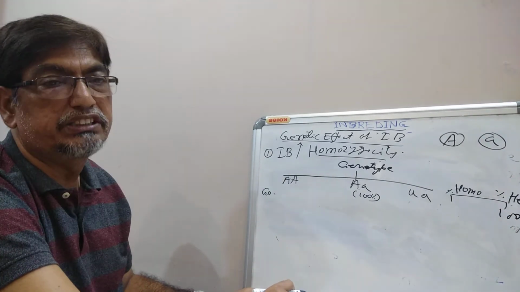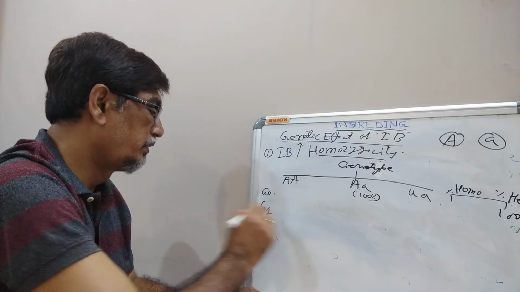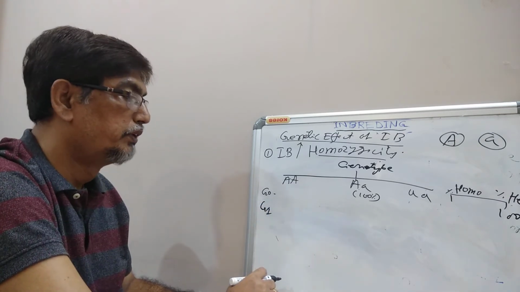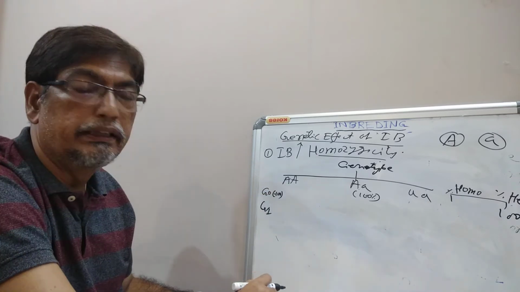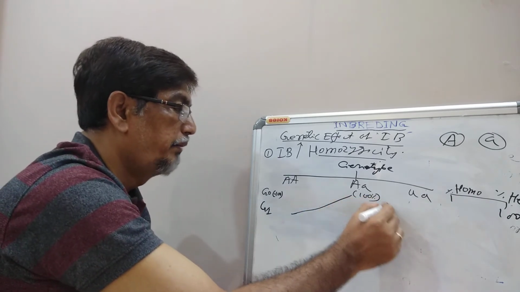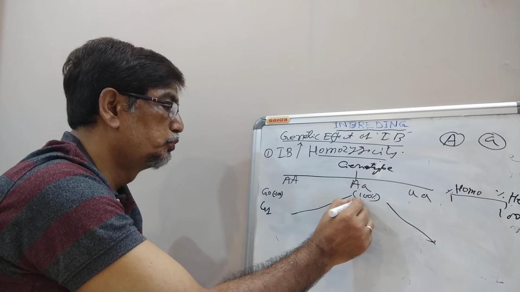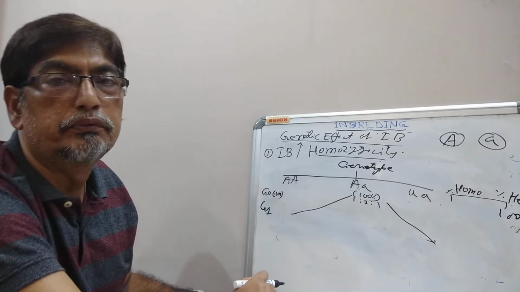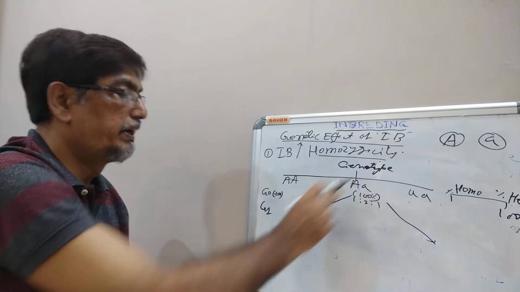So after one generation of self-fertilization, that means generation 1, what will it be? In the first generation, all are heterozygous, but in the second generation it will divide in a 1:2:1 ratio with self-fertilization.